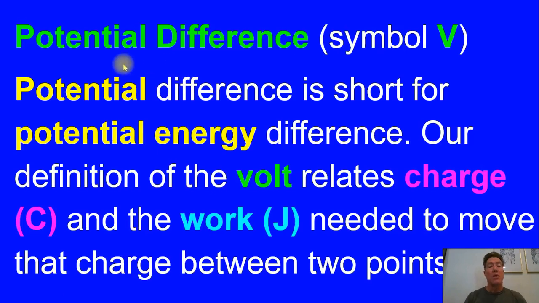We're going to talk now about potential difference, which we symbolize with a V. It stands for volts. Potential difference is short for potential energy difference. It's the amount of pull between the two half cells.